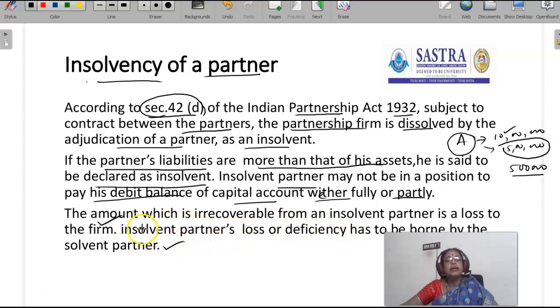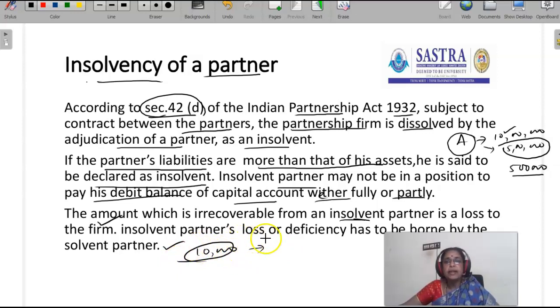The amount which is irrecoverable from an insolvent partner, who doesn't have money to pay off his debts, is a loss for the firm. If he has to give 10,000 rupees but is not able to settle it with the firm, this 10,000 rupees is a loss for the firm.